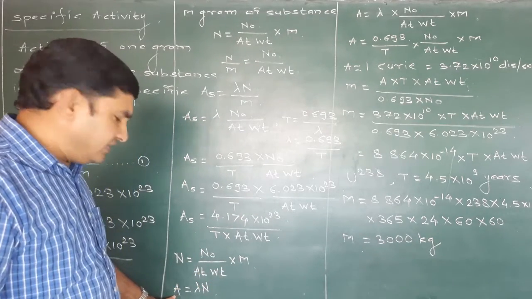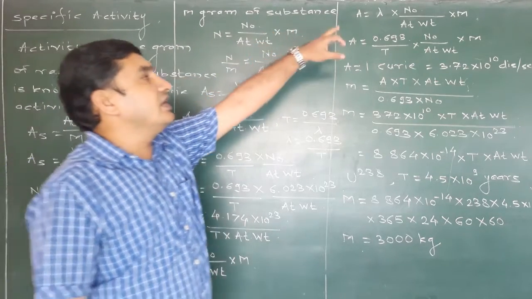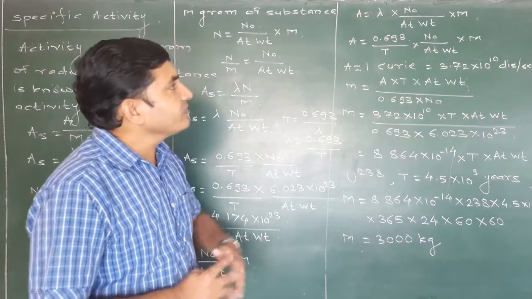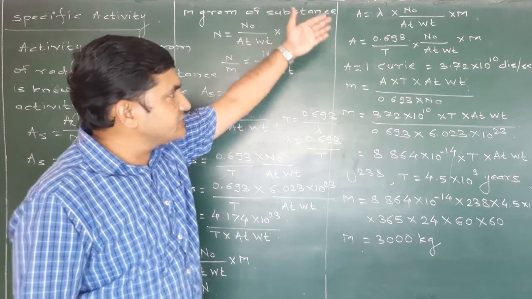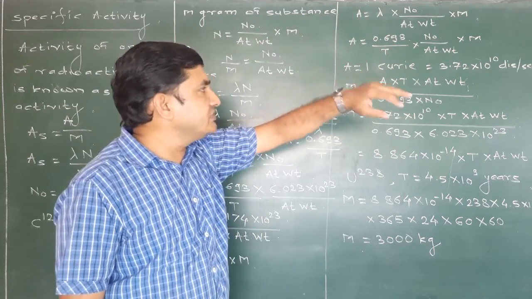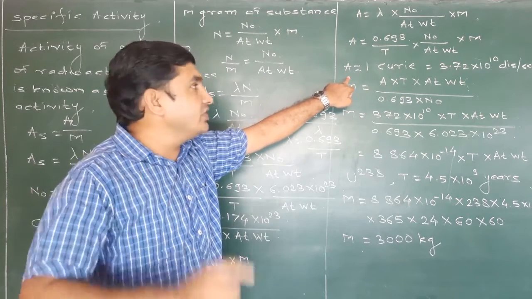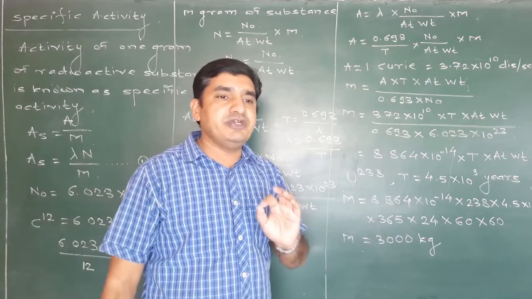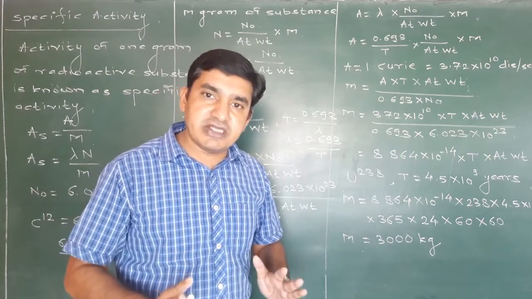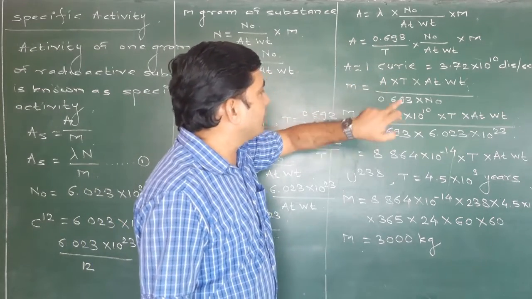So we know that activity A is equal to lambda into N. So putting the value of N, we get A is equal to lambda into N0 divided by atomic weight into m. Okay. Again, lambda is equal to 0.693 divided by capital T. We get this term. But one activity is considered as 1 curie, and 1 curie is equal to 3.72 into 10 raised to 10 disintegrations per second per gram. So we put it here, okay.